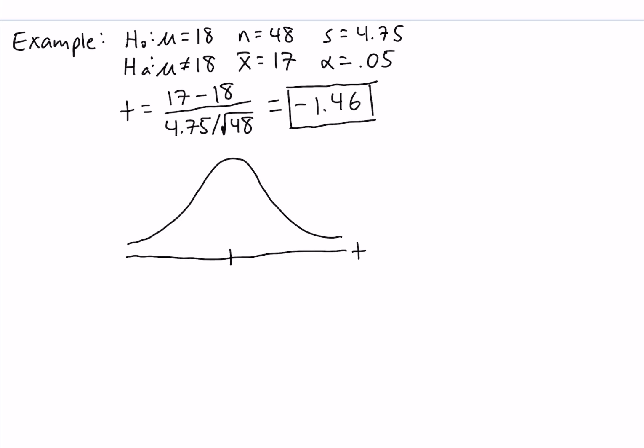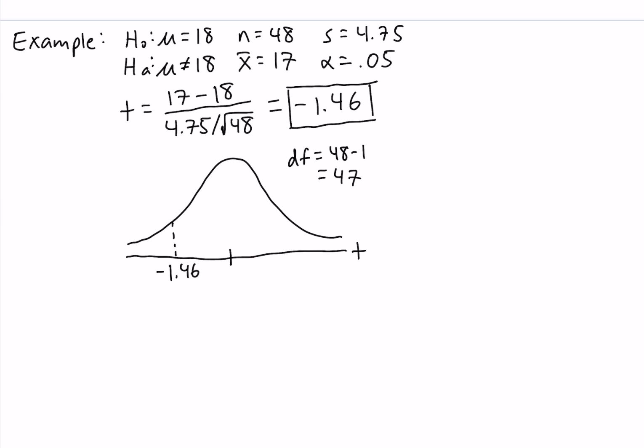So this t-distribution has a degrees of freedom equal to 48 minus 1, which is equal to 47. So our test statistic is negative 1.46. We want to find the values of t that are as unlikely as or more unlikely than negative 1.46.